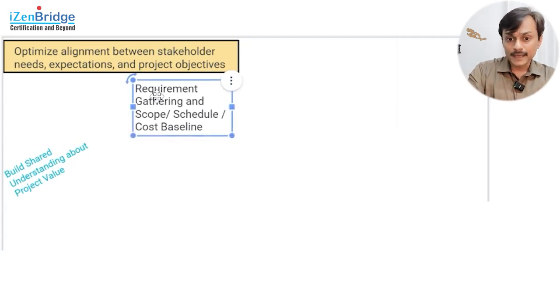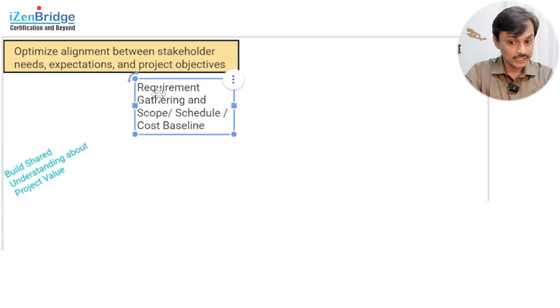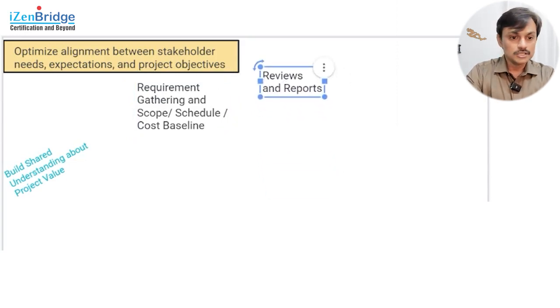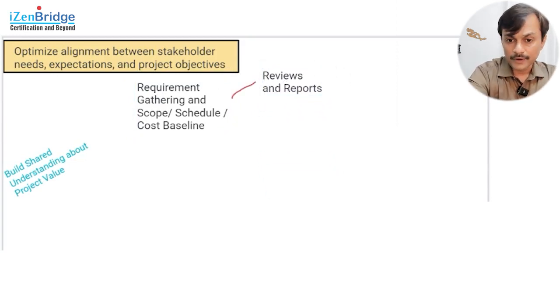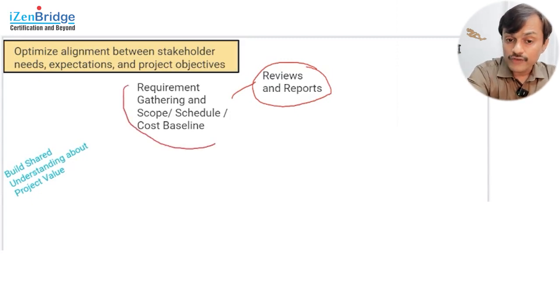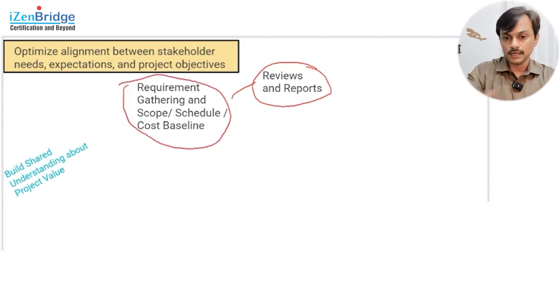Now, making a project management plan and baseline is not the only thing. I need to continuously keep sending them reviews and reports. On a frequent basis, as a project, we need to communicate. We need to tell where we are, what is working, what is not working, where we are against the baseline, and if we have a lot of variances. So I need to keep them updated and keep listening to their new ideas as well.